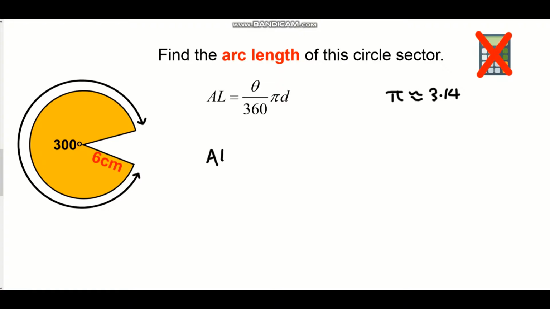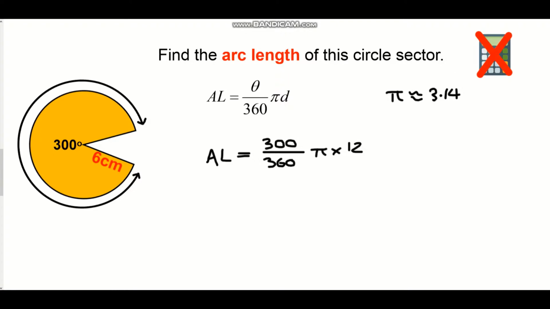So if I'm writing out my second line of working here, I'm going to put in my internal angle, which is 300 over 360, times pi, and then my diameter is going to be 12. That's double the 6 that I've got as my radius in the diagram here.